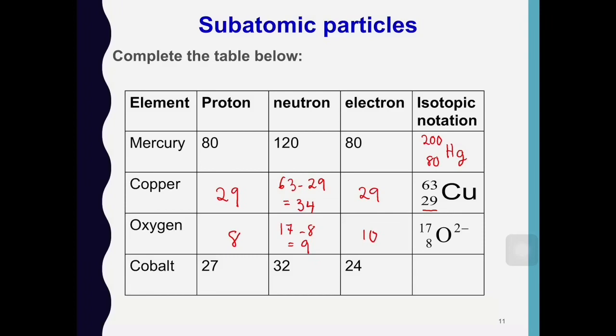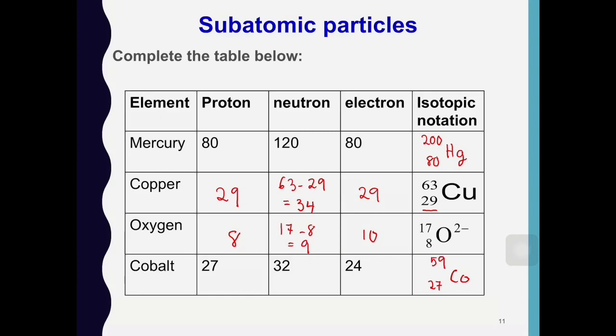And let's look at the last one, for cobalt. The symbol for cobalt is Co. Write the number of proton on bottom left hand side. Write the nucleon number on top left hand side. So 32 plus 27, the answer is 59.